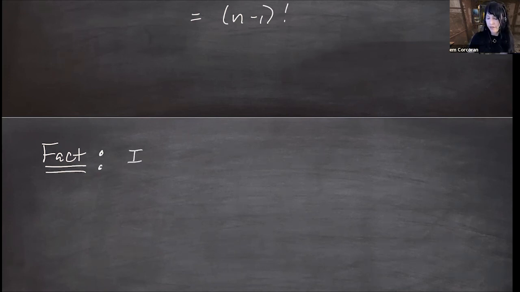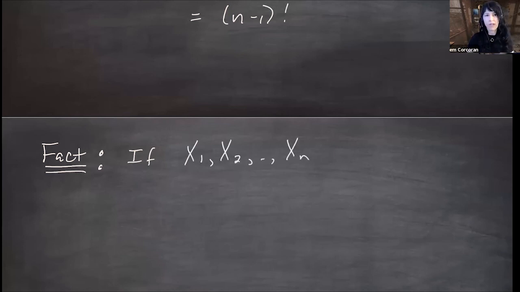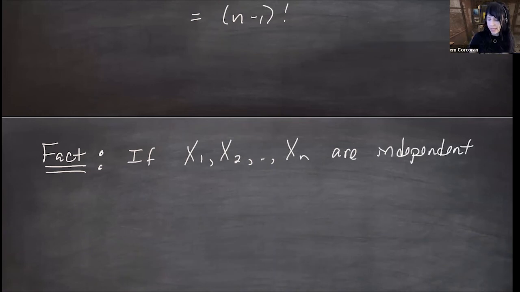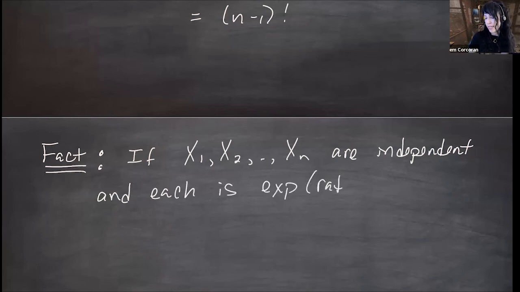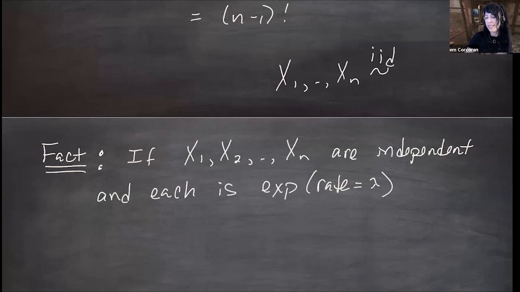So if x1, x2, through xn, and I'll try to not use too much excess notation, are independent and each is exponential with rate lambda. So independent and identically distributed, the fast way to write that is x1 out through xn, squiggly line with an IID, and then give the distribution.